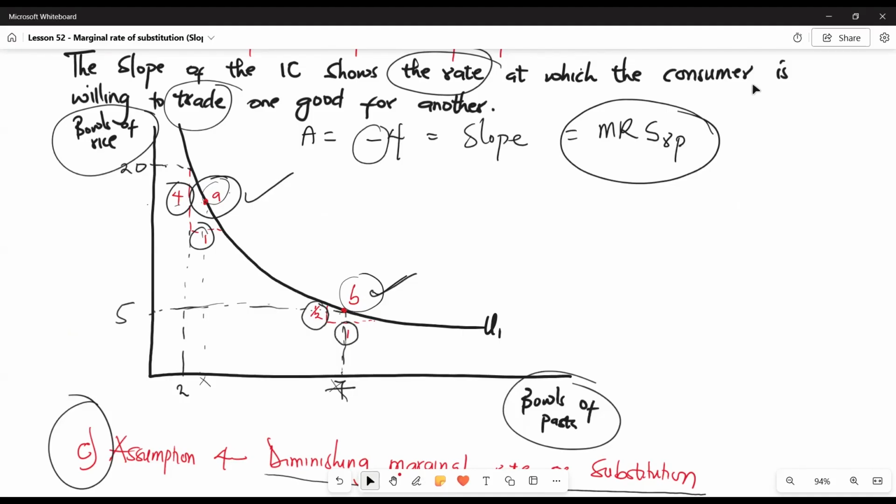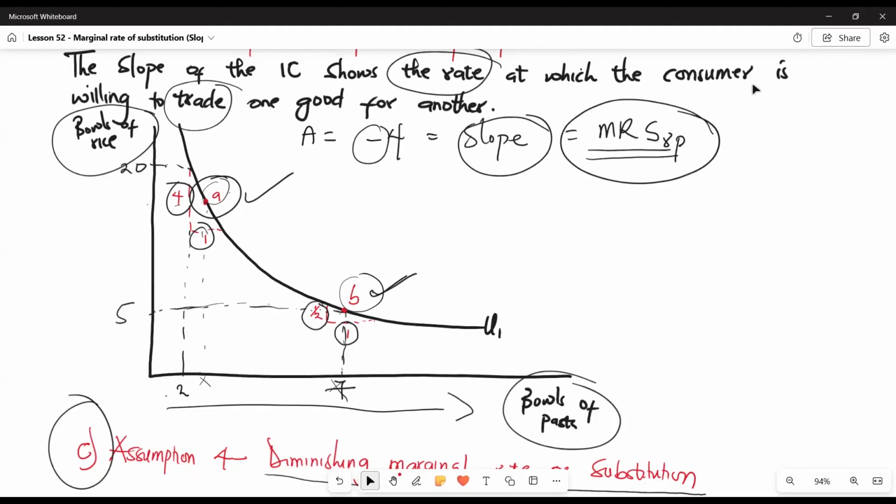So this means that Ella's willingness to substitute rice for pasta declines as she moves down the indifference curve from the left to the right. The decline of the marginal rate of substitution as we move along the indifference curve is what is generally called a diminishing marginal rate of substitution.